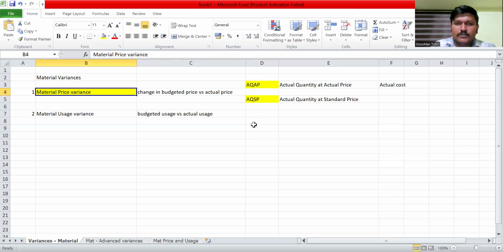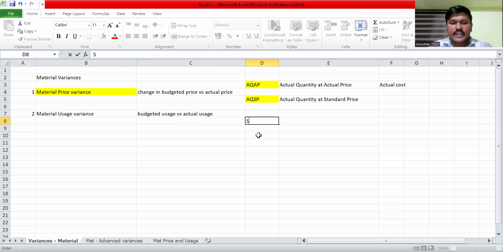Now what about my material usage variance? What is the different thing we are looking at? Budgeted usage versus actual usage. So you will be taking AQSP versus standard quantities. We have to monetize this, so we'll be using a standard price over here.